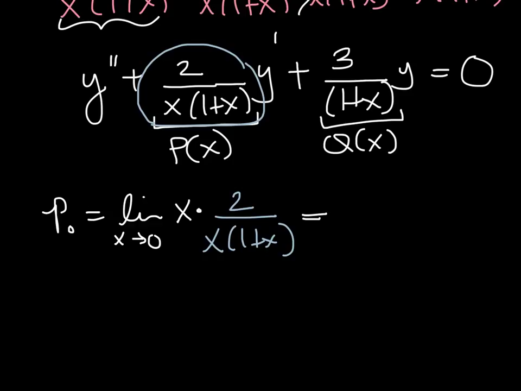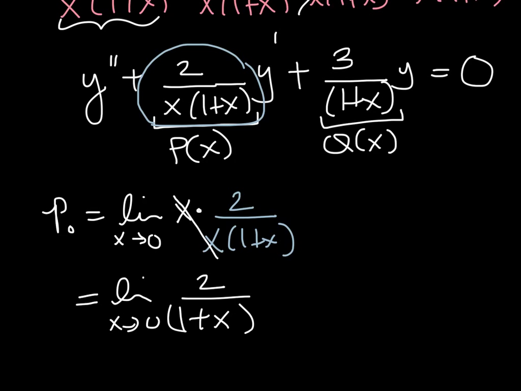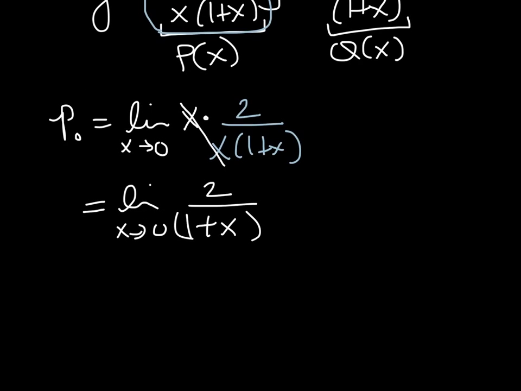Let's work this one out. These factors of x cancel, so we're left with the limit as x approaches 0 of the following function. Now you can graph this function if you like. It's a rational function, the asymptote's at -1, but remember when you first started learning about limits in Calculus 1, the easy approach was first to try direct substitution.